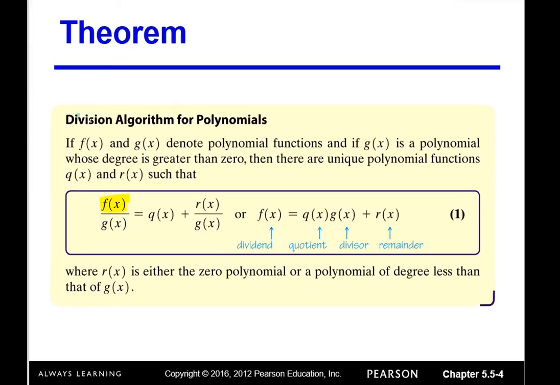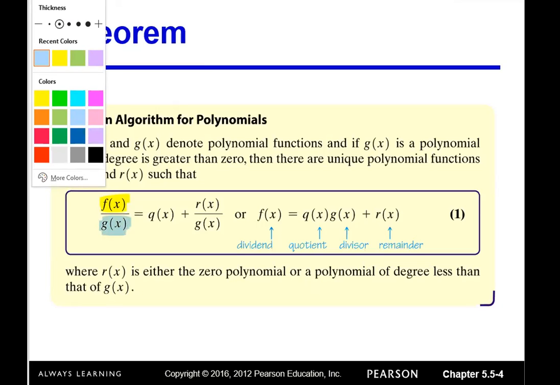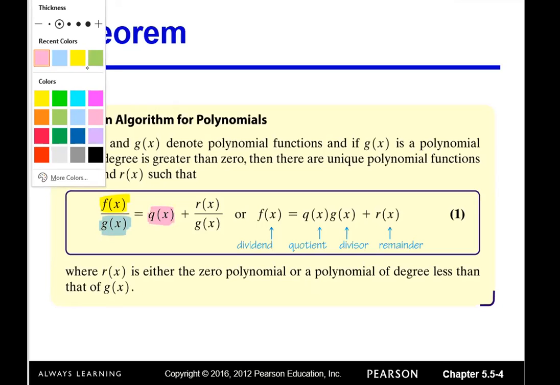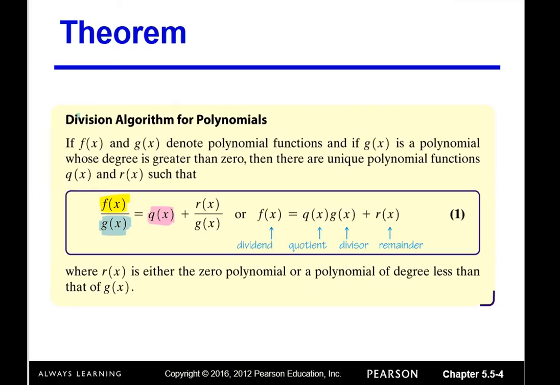I've got g of x, a different polynomial. When I divide, I get a new polynomial q of x. There may or may not be a remainder. If there is, you will need another color for that, the remainder right here. Purple looks too much like pink. Hang on, go with green.